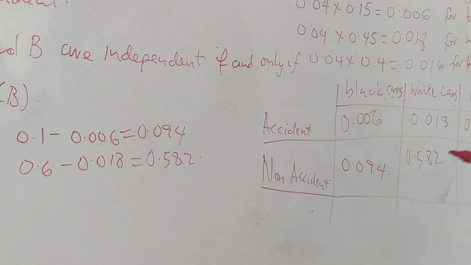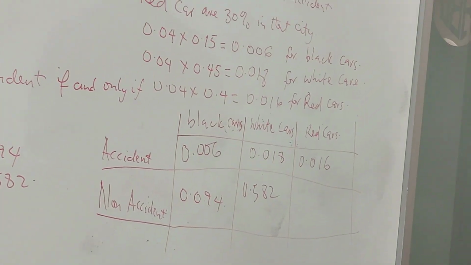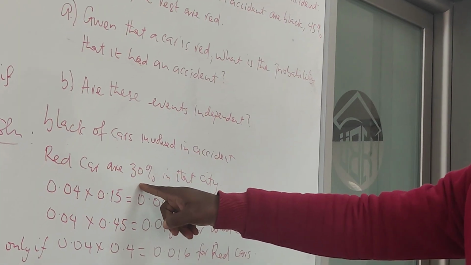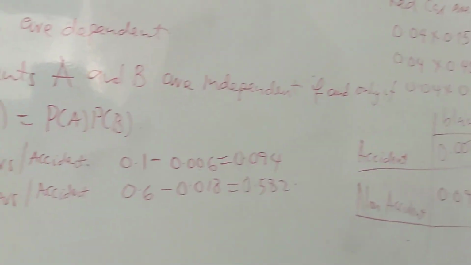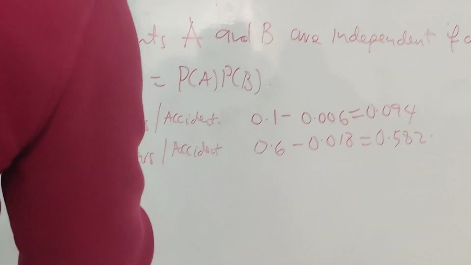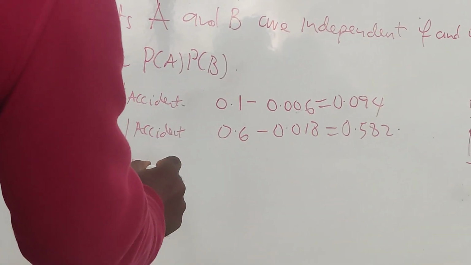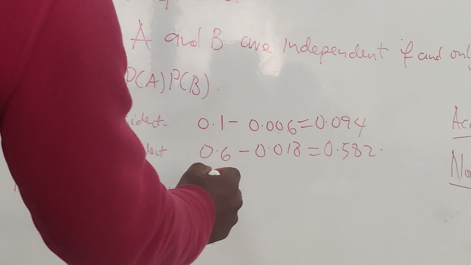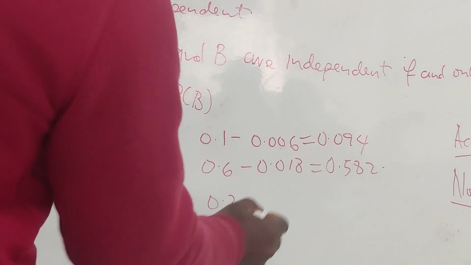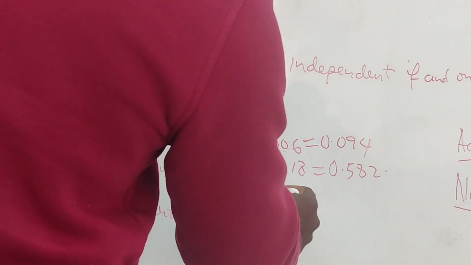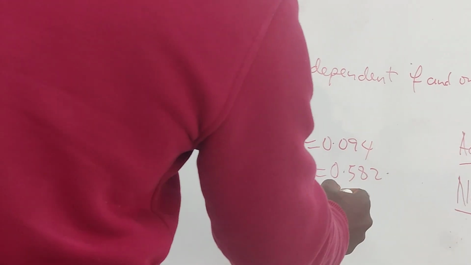And finally, don't forget we calculated for red cars here in that city. So this will give us red cars not involved in accidents. We subtract 0.016 from 0.3.